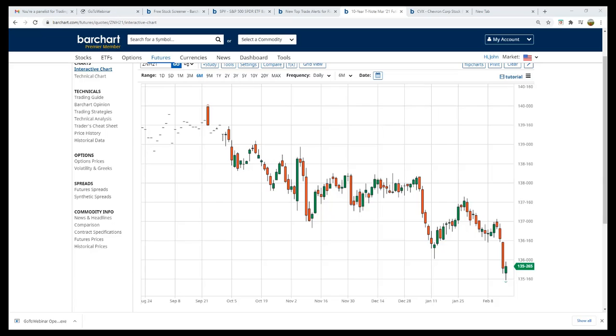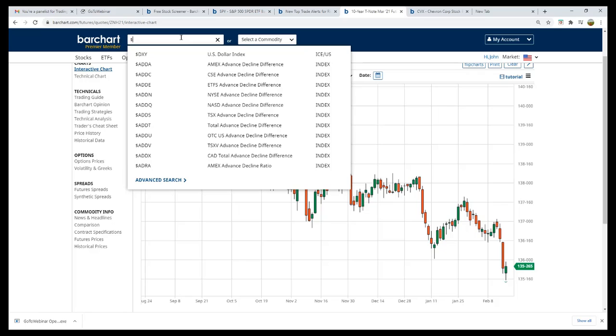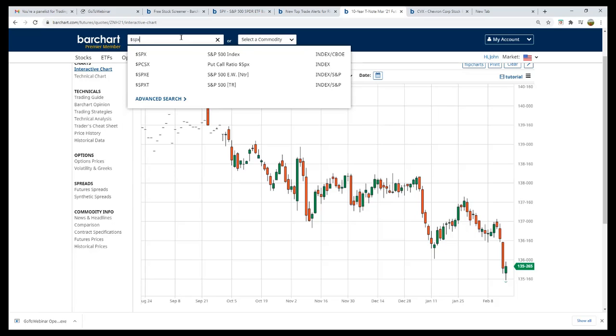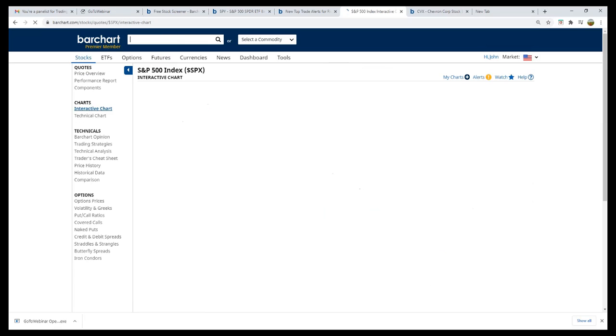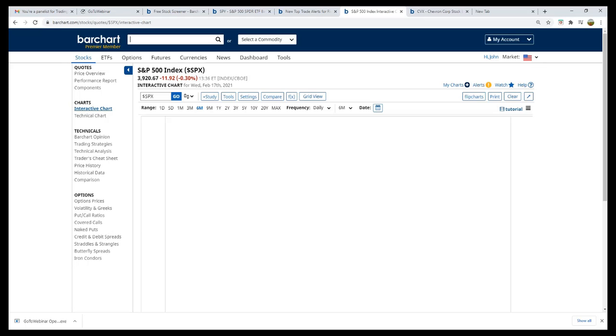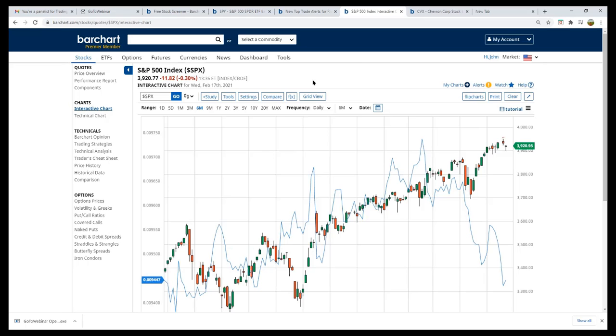So George asks, how does this work for broader indexes? George, it's the same thing. It doesn't matter if we're looking at a stock or a currency or a future or an index. The indicators are still based on these different variables, right? Hang on, let me just change this.